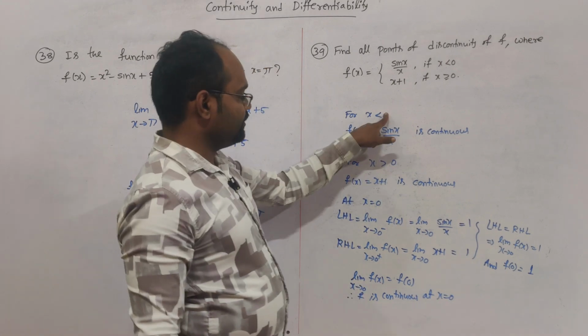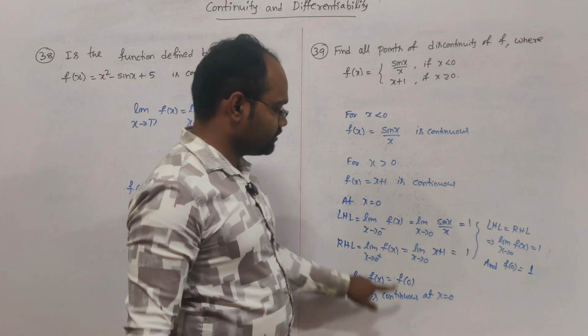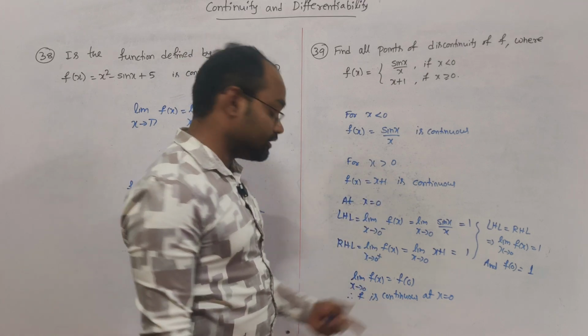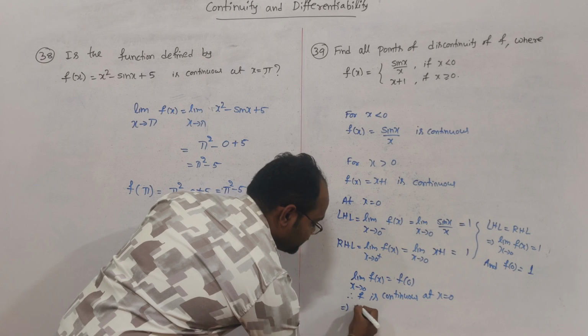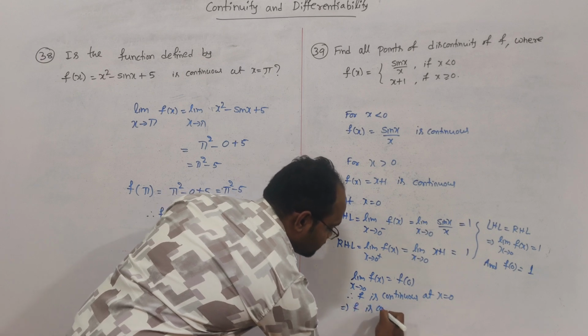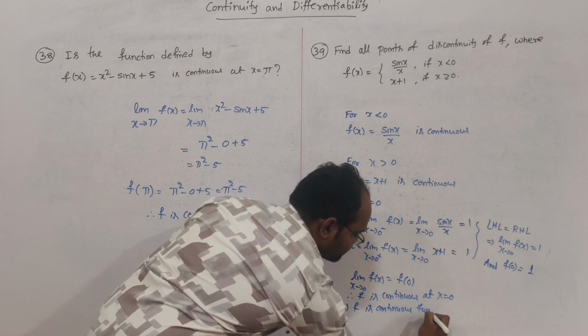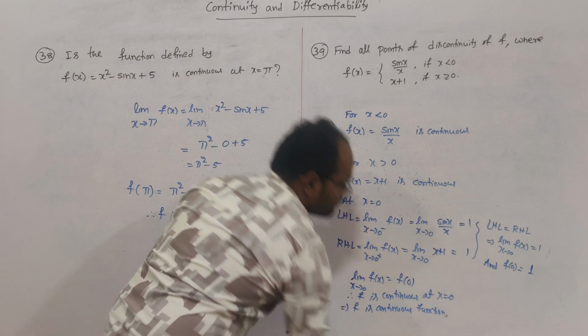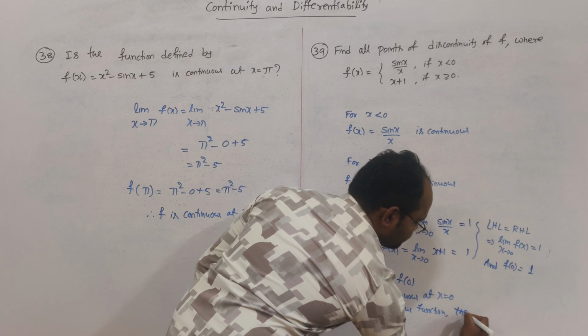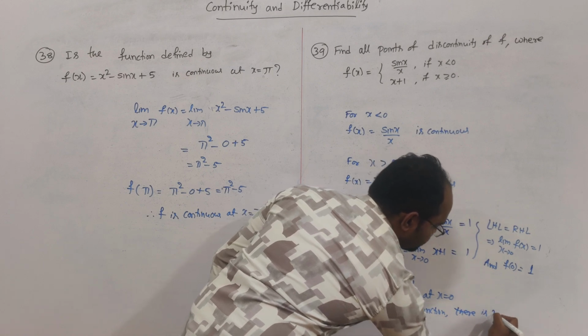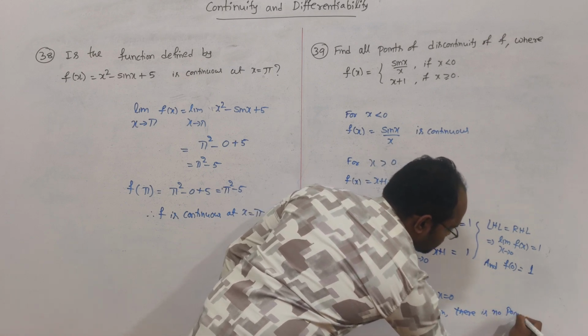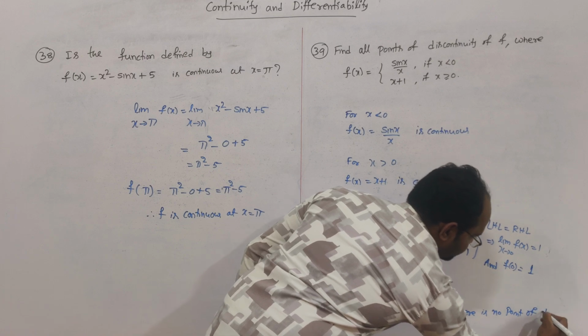For less than 0 it is continuous, for greater than 0 it is continuous, and at equal to 0 it is continuous. That means f is a continuous function, there is no point of discontinuity.